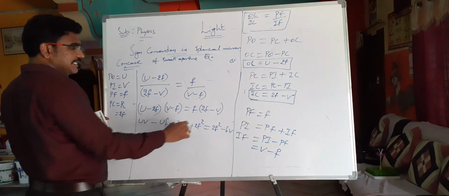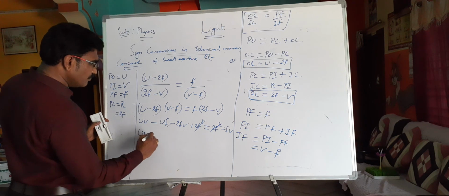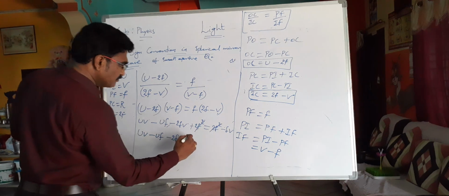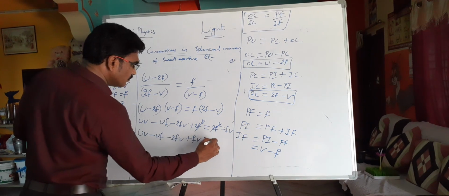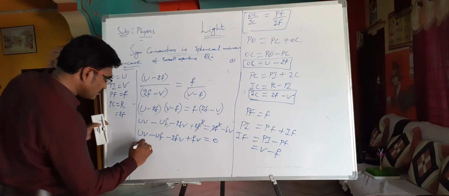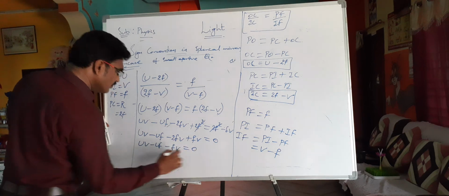So what are constants here? 2F square and 2F square get cancelled. Then I can say UV minus UF minus 2FV. This FV comes to this side, plus FV is equal to 0. 2FV minus FV becomes FV. So UV minus UF minus FV is equal to 0.